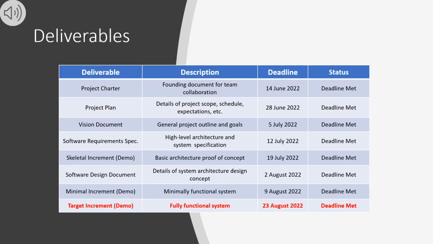As we incremented the product through the skeletal and minimal stages, we also produced detailed design documentation, all while keeping the previous deliverables in mind and updating them as needed. And finally, we are brought to today, where we present to you the finished product exactly on schedule, having not fallen short of a single deadline along the way.